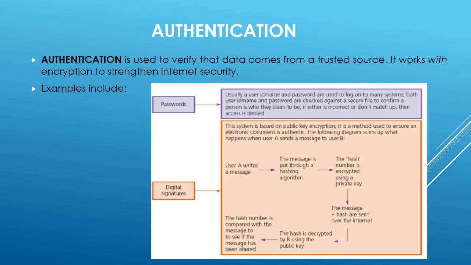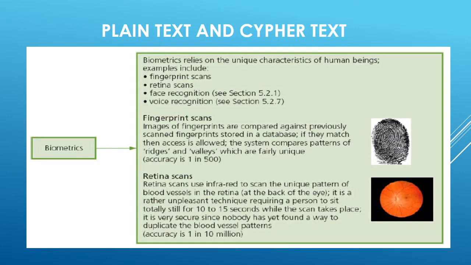So this is how authentication is being done. Biometrics is another example of authentication. Biometrics relies on the unique characteristics of human beings. Examples include fingerprint scan, retina scan, face recognition, and voice recognition.